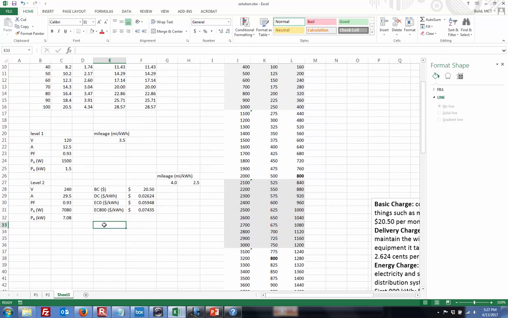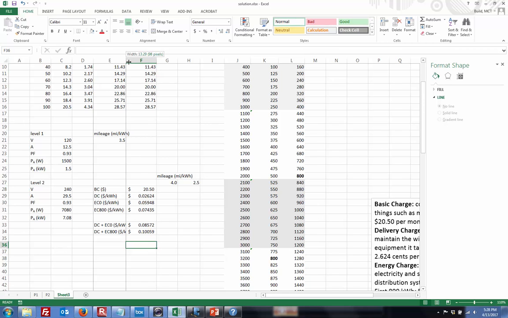So we'll have DC plus EC naught in dollars per kilowatt hour equals DC plus EC naught, and this is delivery charge plus energy charge 800 in dollars per kilowatt hour equals that guy plus that guy. So 8.5 cents and just barely over a dime.